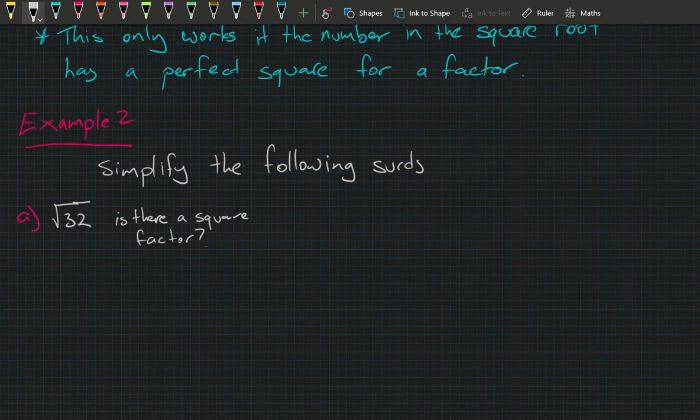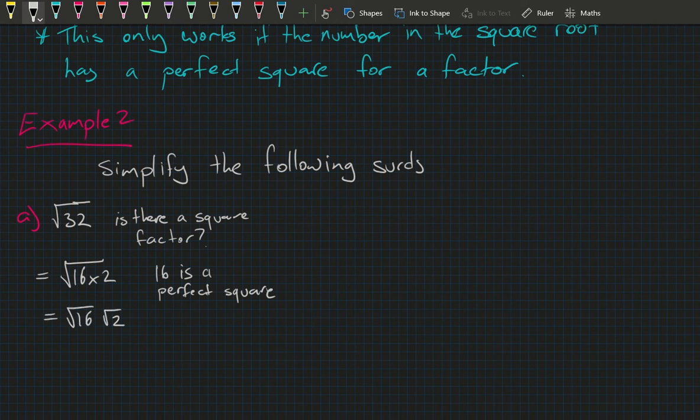So I can rewrite this: the square root of 32 is equal to the square root of 16 times 2, because 16 is a square factor. Then using law 4, that's equal to the square root of 16 times the square root of 2. And the square root of 16 is 4. We've obviously chosen it because it's a perfect square. So I can now rewrite that as 4 times the square root of 2. So this is the square root of 32 simplified as best as possible.